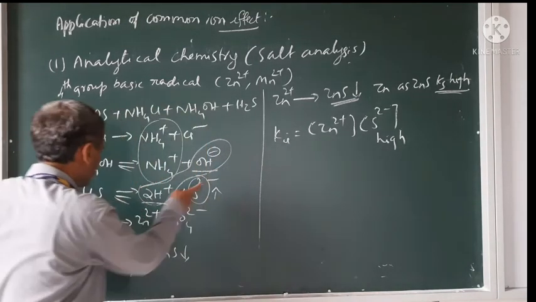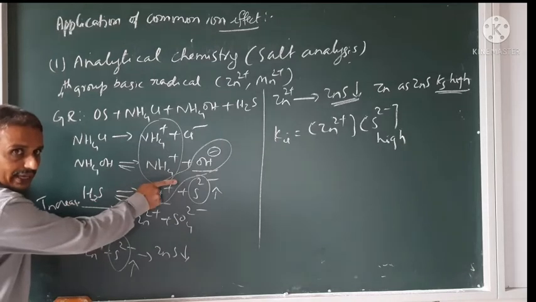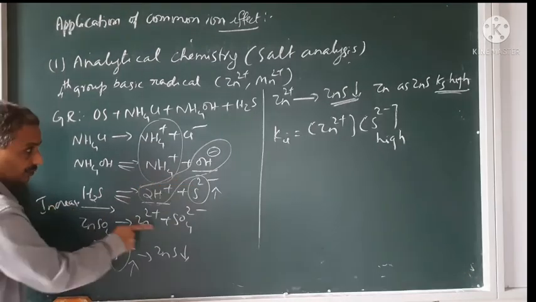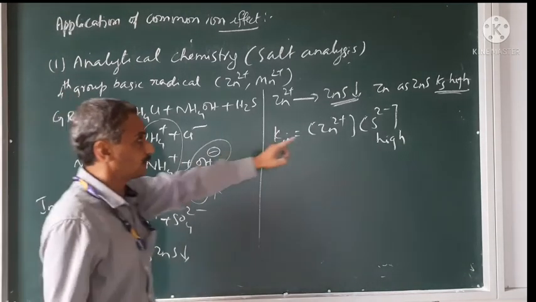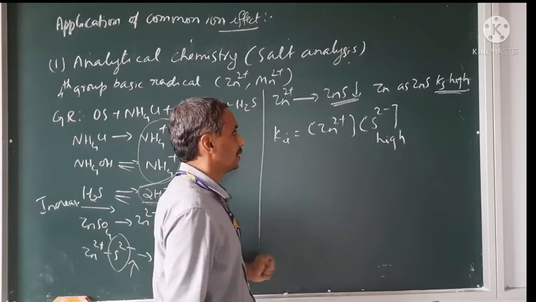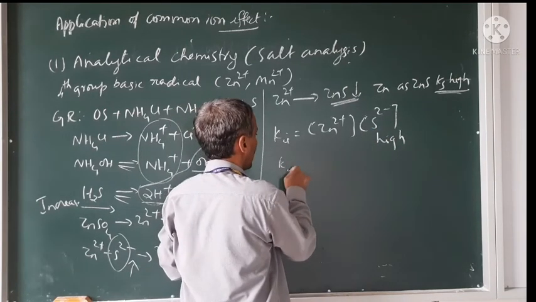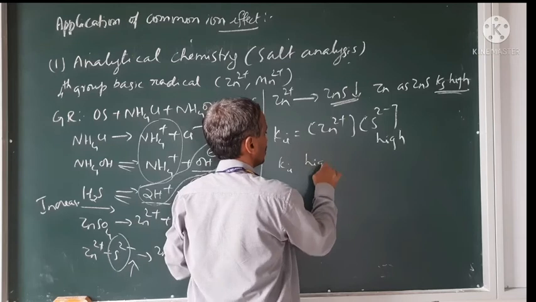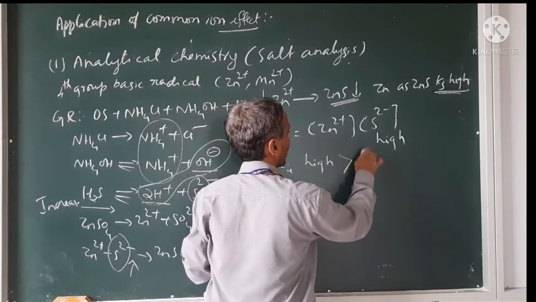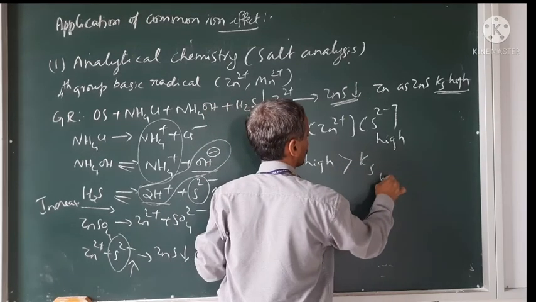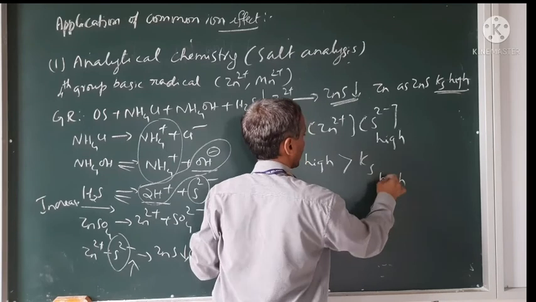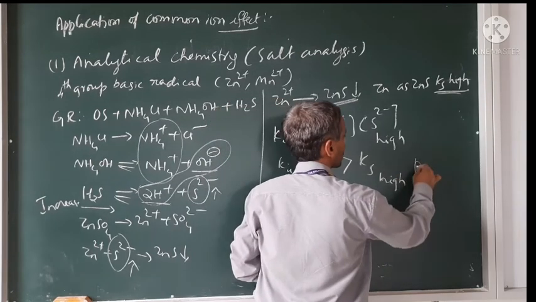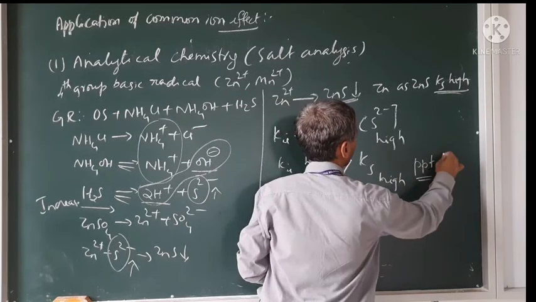When this removal happens, the reaction is directed to the right, the forward reaction. So S2 minus becomes high, and now Ki becomes high, which will cross the high Ks value, and then the precipitation occurs.